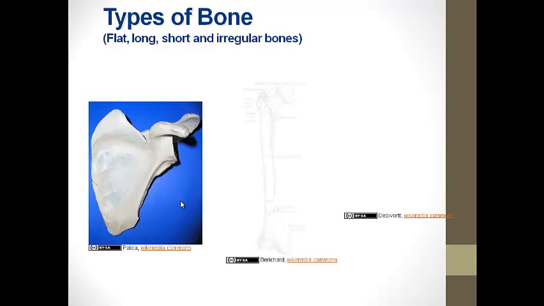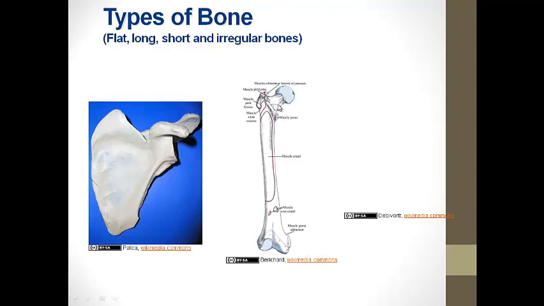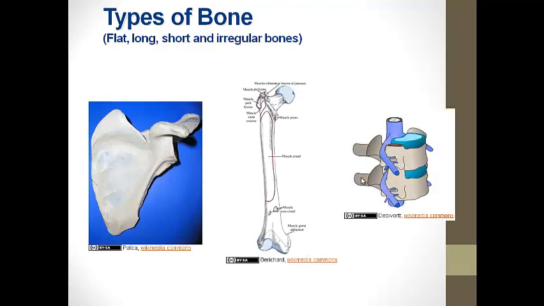You also have what we call long bones, okay? And these are usually characterized by having two ends, usually what we call an upper end and a lower end. And then connecting the two, we have what we call the shaft. And then another type of bone that we have is something called an irregular bone.